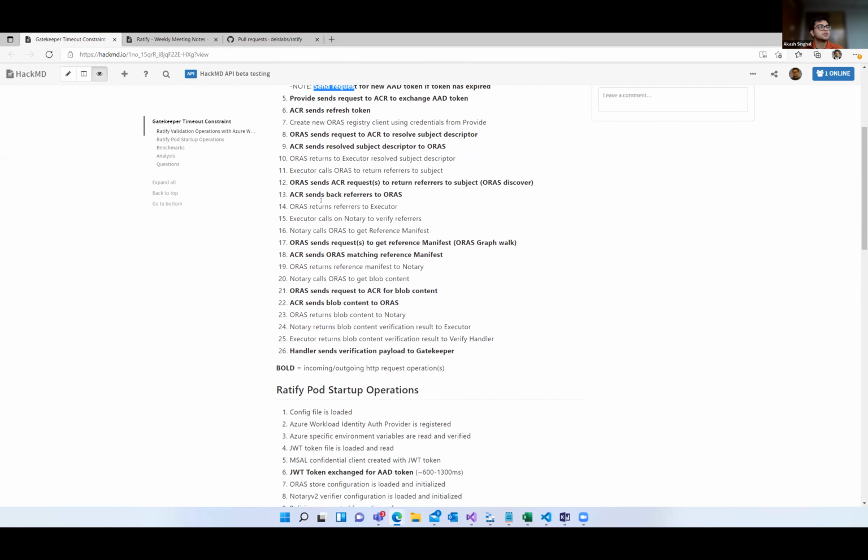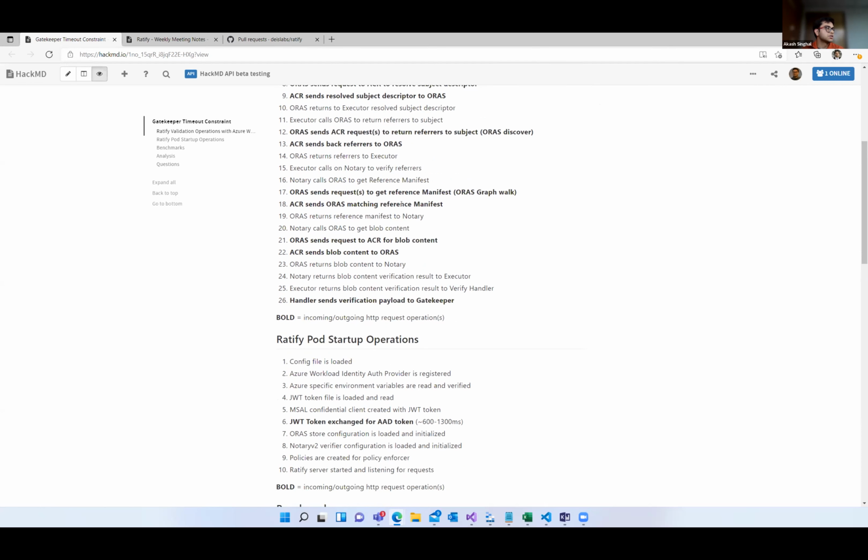Now that we have the list of artifacts that are in contention, for each of those artifacts, ORAS will send a request to get the referrer artifact's manifest. It does that by using an ORAS graph walk, which essentially takes the rooted subject and explores the entire artifact tree in order to find the corresponding artifact manifest, and then returns that manifest.